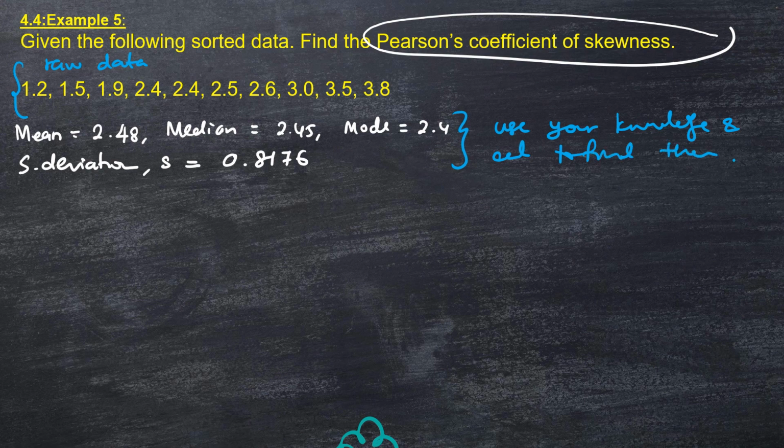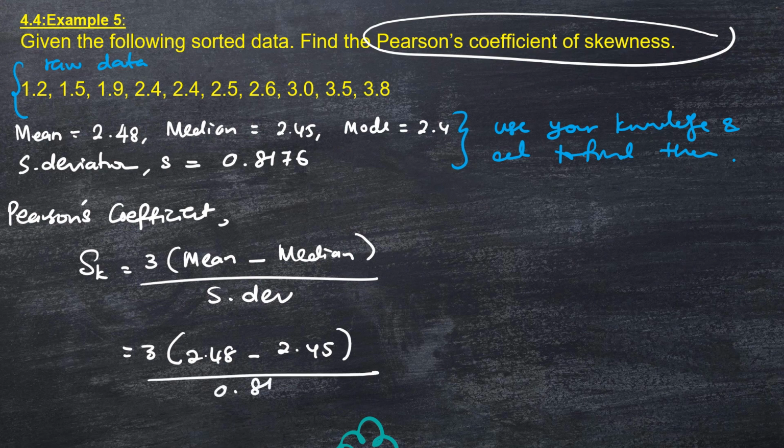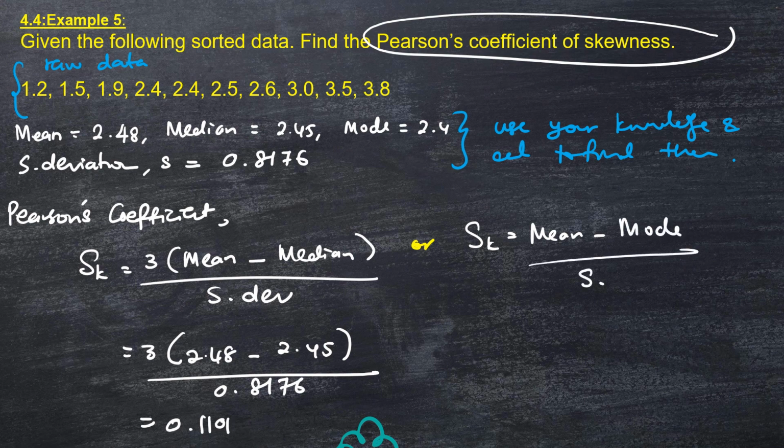So let's go to our Pearson's coefficient of skewness. We know that we have two formulas, so you can find the values related to the formula. Usually we will use the first one. So let's substitute our values first: 2.48 minus 2.45 divided by the standard deviation. You will get the value 0.1101, or you can also use S sub k equal to mean minus mode over standard deviation.